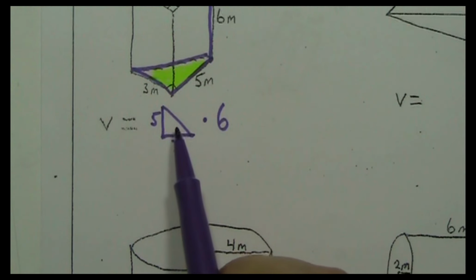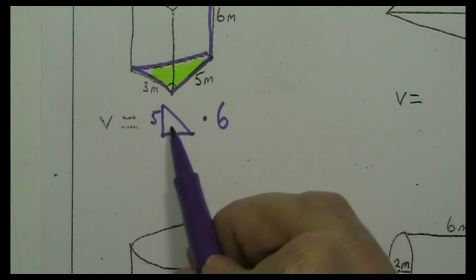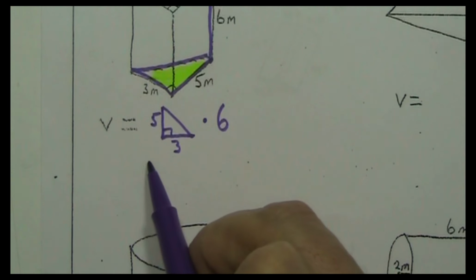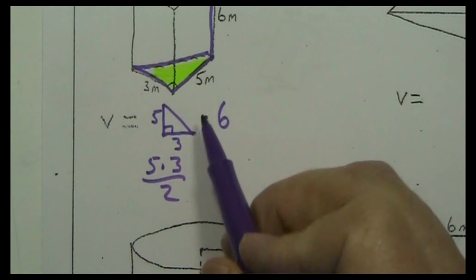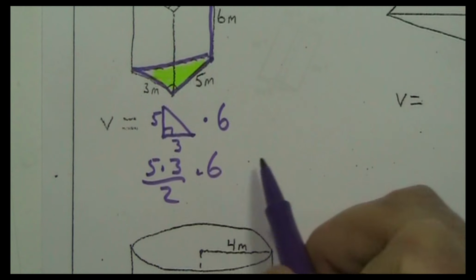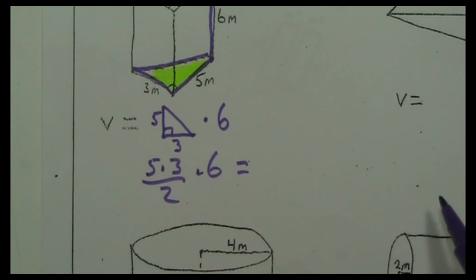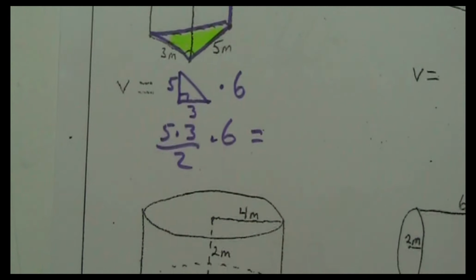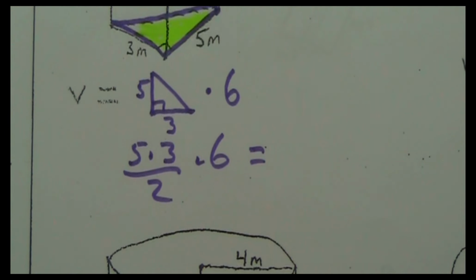Wasn't that base times height? So base times height, that's 5 times 3, divided by 2, excuse me, times 6. So 5 times 3 times 6 divided by 2.